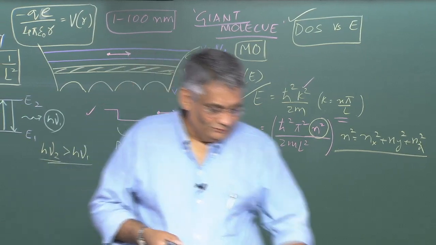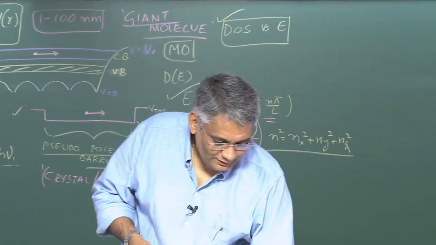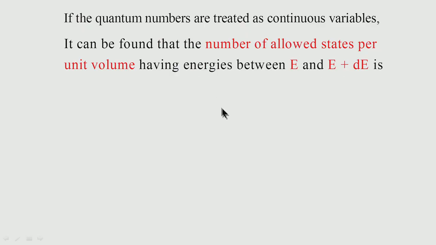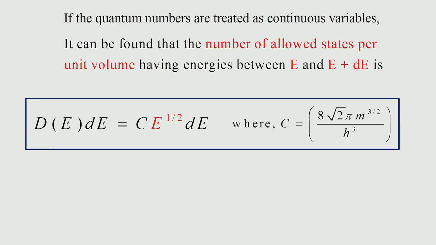Now you see what happens if the quantum numbers are treated as continuous variables. It can be found that the number of allowed states per unit volume having energies between E and E plus dE is C times root of E dE, where C is 8 root 2 pi m to the power of 3 by 2 by h cube.